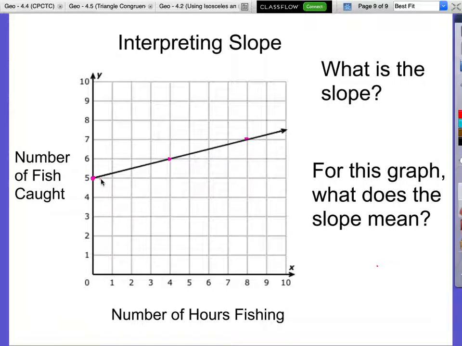Typical Miss Olsen. Voices off, please. Class. Voices off. Silencio. Okay. So these 3 are the points we can use. They're perfectly on a grid, so these are points we would use. You need to use 2 of them. So go ahead and use 2 of these points, find your slope, and say, okay, for this graph, what does it mean?